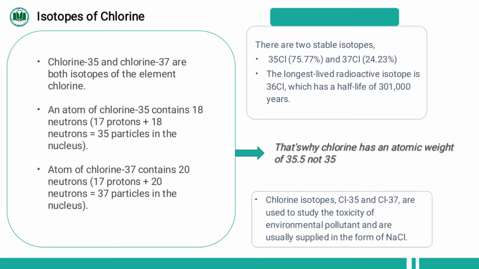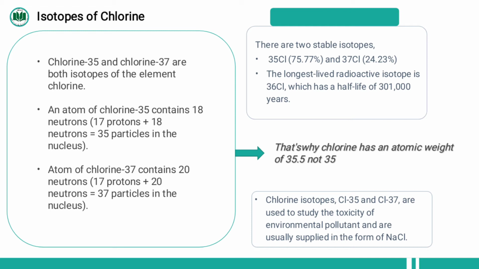If we look at the structure of these isotopes, we will find that both have the same number of protons, but their numbers of neutrons are different. In Cl-35, the number of protons is 17 and the number of neutrons is 18, and the atomic number of Cl-35 is 17.